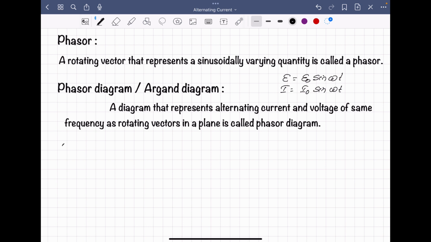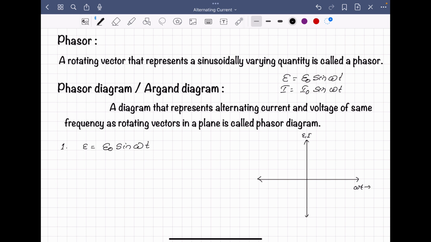First of all, let E be E naught sin omega t. Then you can draw this phasor like this. This is your axis. Along the x-axis we have omega t. In the y-axis we have both E and I. First of all, we have to represent E equal to E naught sin omega t.